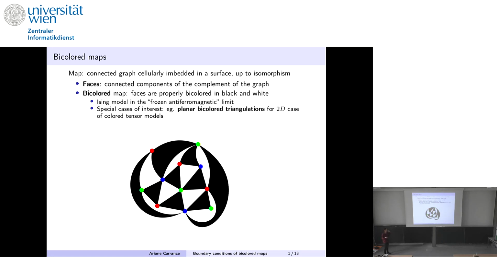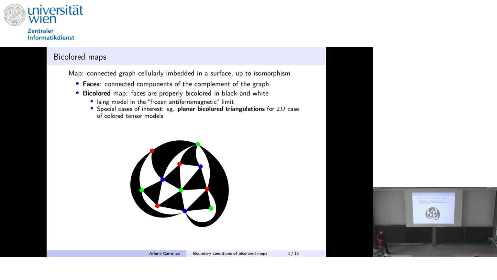The proper bicoloration condition can be thought of, in a slightly fancy way, as the frozen anti-ferromagnetic limit of the Ising model. Frozen because you don't have choices, you don't have freedom once you've fixed the color of one face, and anti-ferromagnetic because adjacent faces want to be of different colors.